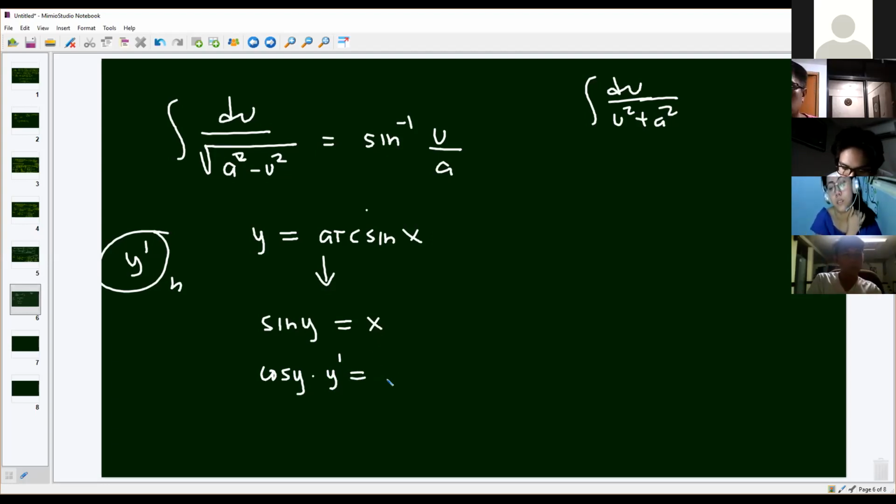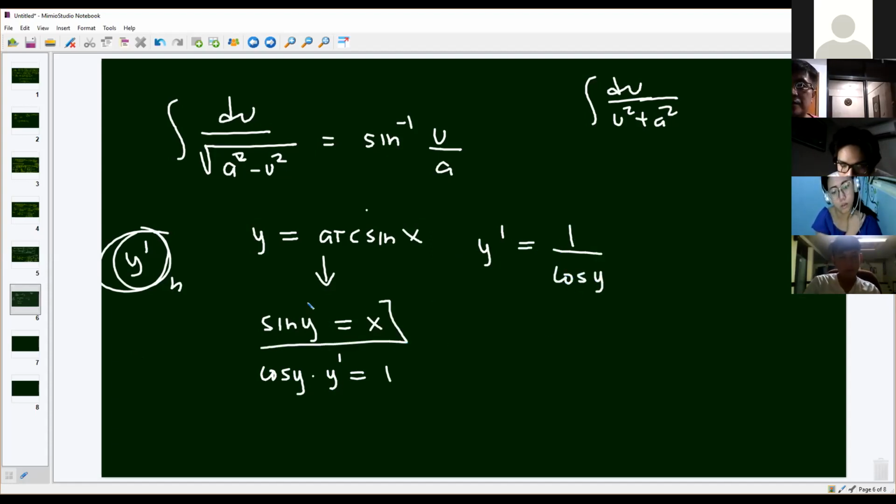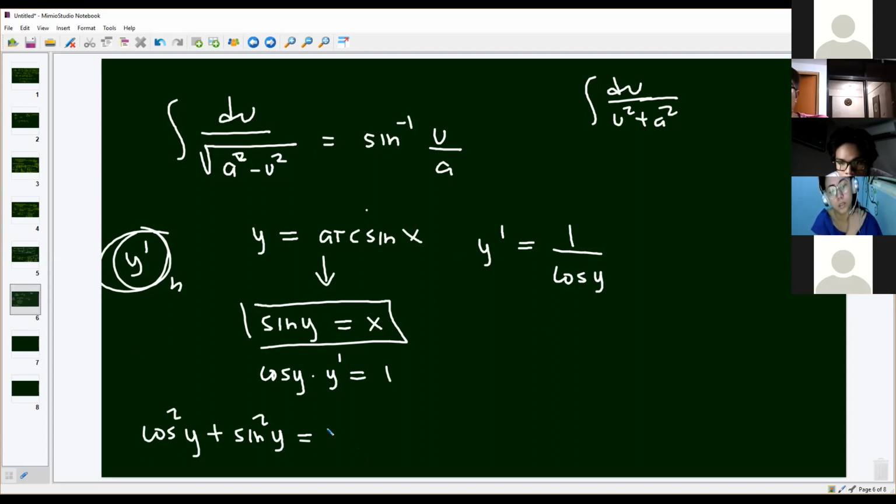So we are solving for y prime. Remember, we have y prime is 1 over cosine y. Now, sine y is x. What can you say about the trigonometric identity cosine squared y plus sine squared y? This is always equal to 1.